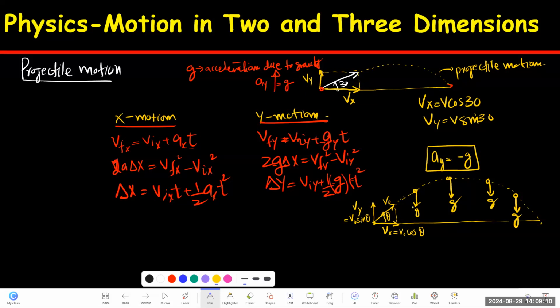Now I can write these little arrows over there. If I take any point like this point, we have two velocities.